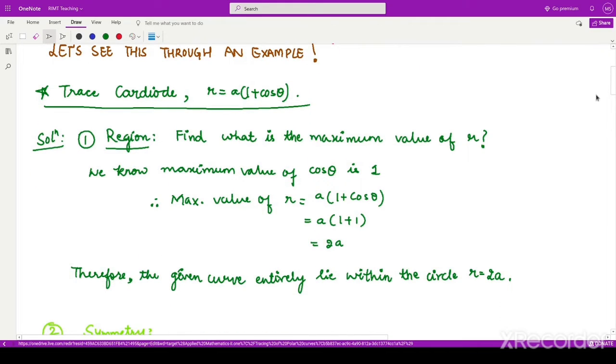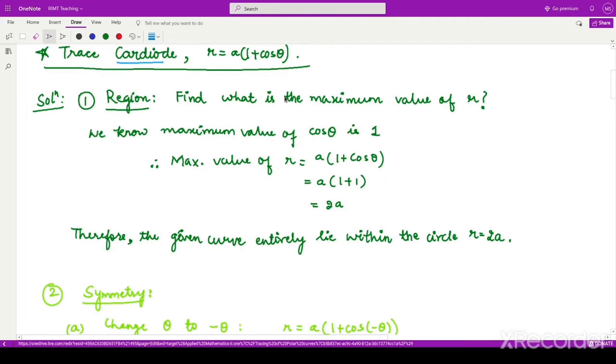Here we have a cardioid. This cardioid is represented by the equation r is equal to a(1 plus cos theta), right? Firstly we check its region. For that we consider the maximum value of r for which this curve is defined. We know cos theta lies between -1 and 1, so the maximum value of cos theta is 1.